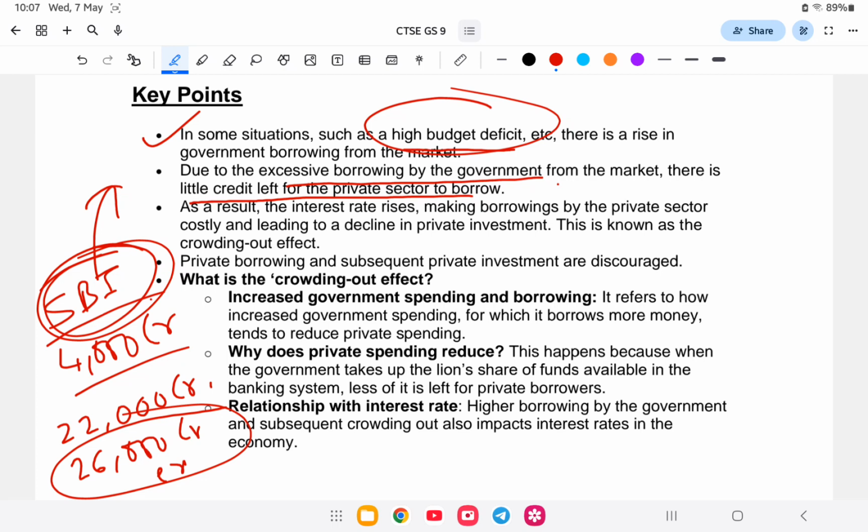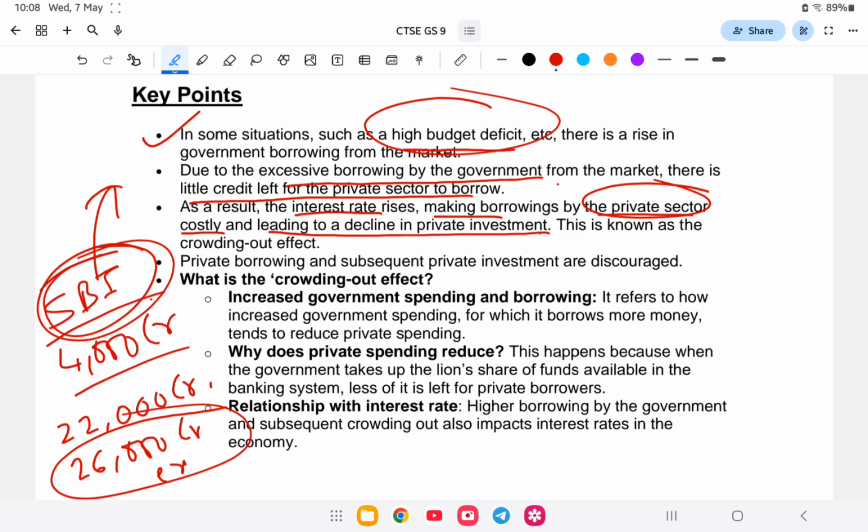So this is the crowding out effect. As a result the interest rate rises, making borrowing by the private sector costly, leading to a decline in private investment. If the private sector cannot get loans, it cannot invest, and this reduces output. So this leads to the crowding out effect.